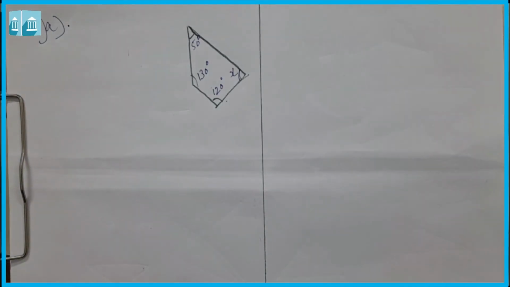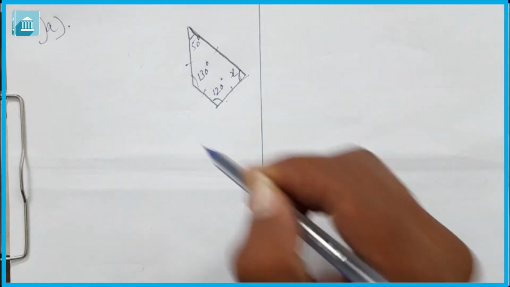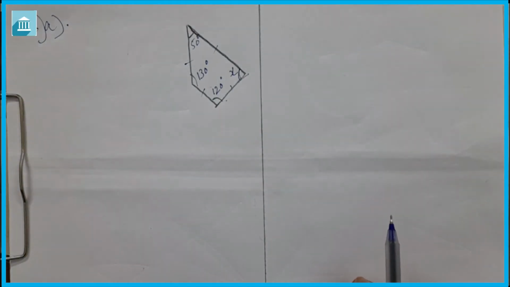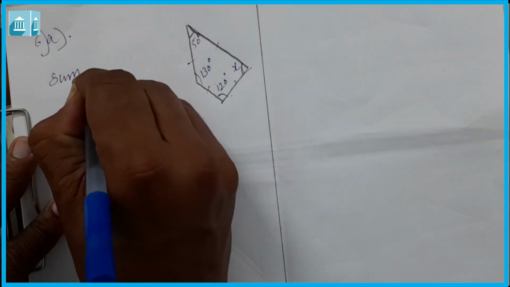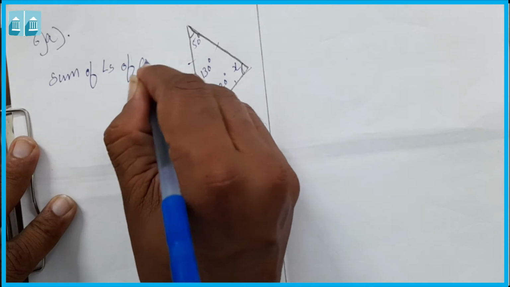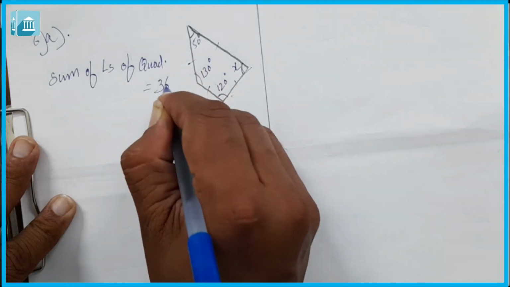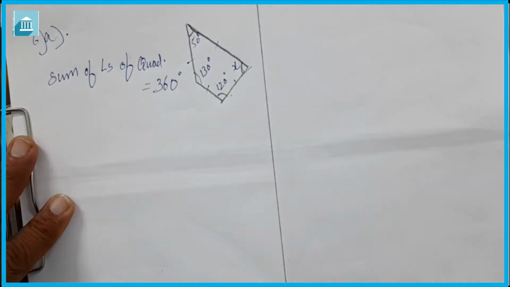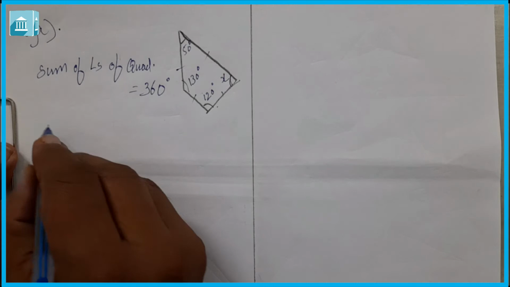Now we already know that this is 1, 2, 3 and 4, it is a quadrilateral, and the sum of angles of a quadrilateral is equal to 360 degrees.